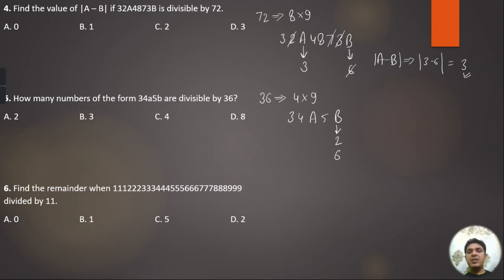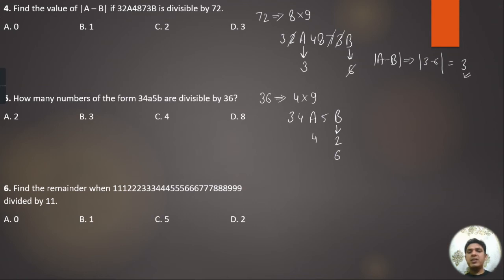Thereafter, let us check what can be the value of a here. 2 plus 5 is 7, 7 plus 7 is 14, 14 plus what number? 14 plus 4 we will get, right? Okay.